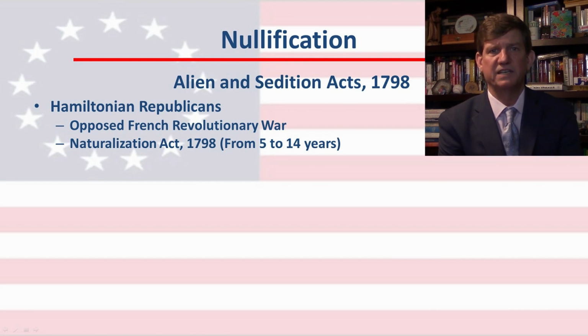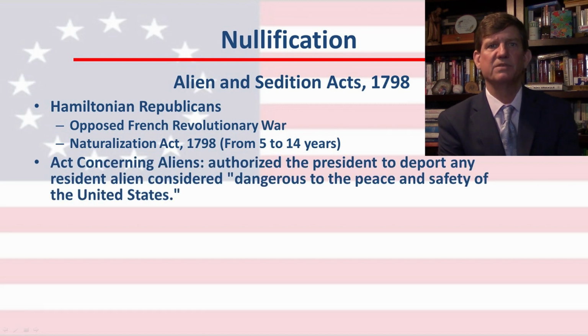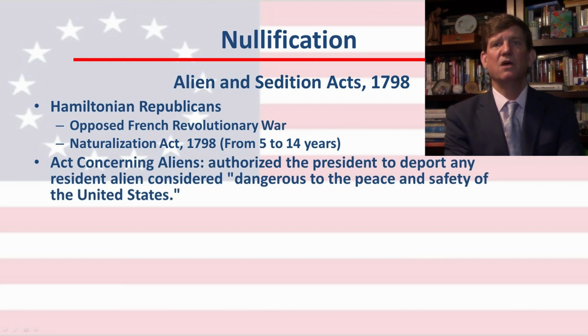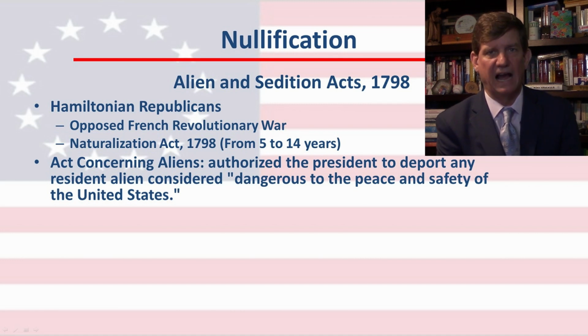George Washington's position of neutrality did not sit well with the French. And so the French sent agitators into the United States to try to stir up sentiment against George Washington in favor of entering the French Revolutionary War. And so the Hamiltonian Republicans put into debate a Naturalization Act and got it through both houses of Congress.